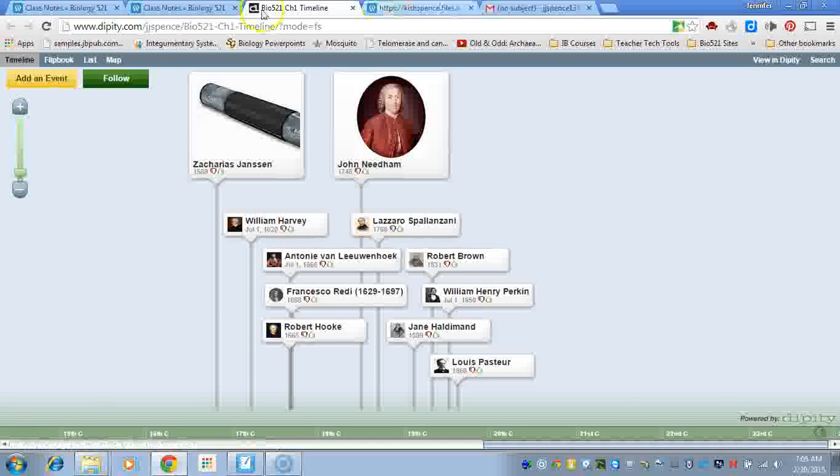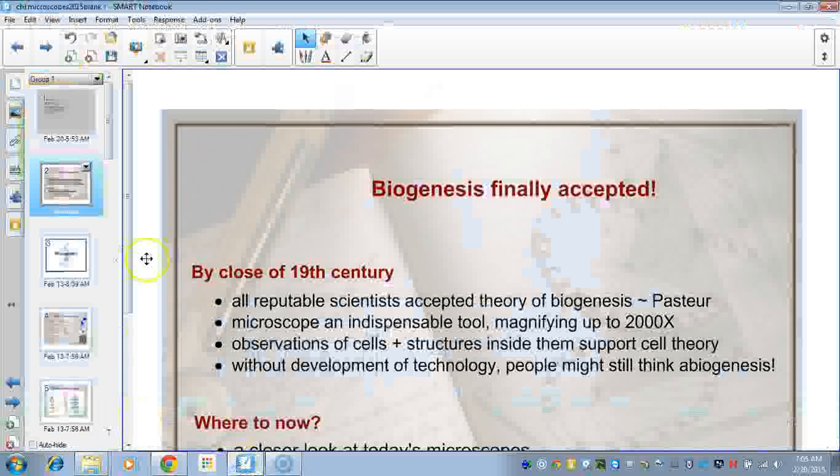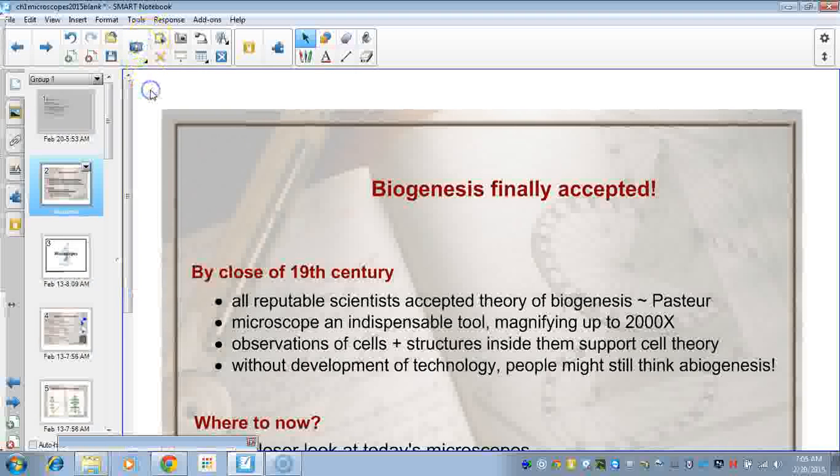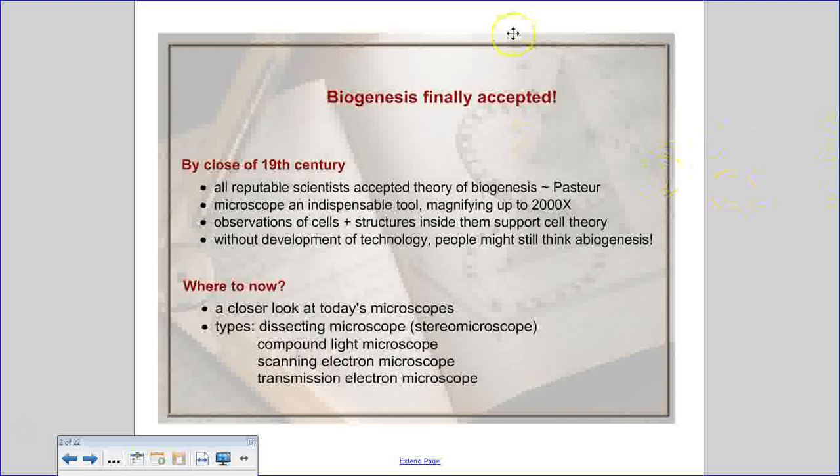Alright, a quick recap. We looked at different scientists and their contributions to developing the cell theory, so maybe they were more directly involved with figuring out that things were made of cells, what cells looked like, or the parts within the cells, that all organisms are made up of cells, and that cells only come from pre-existing cells.